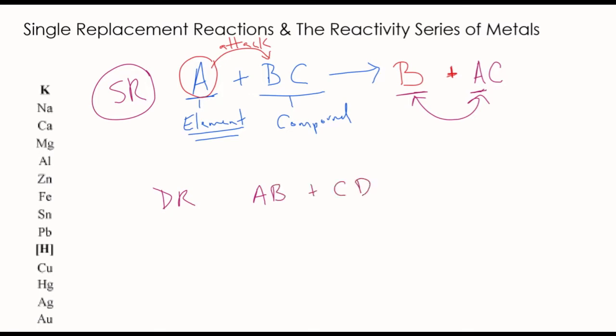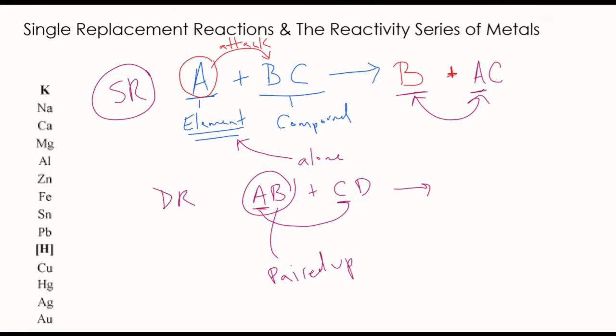So comparing this to double replacement, how can you tell which one's which? Here, the A and the C are going to trade places, but really the difference between the two is that in a single replacement, there is going to be an element that is alone, versus in the double replacement, all of the elements are going to be paired up.